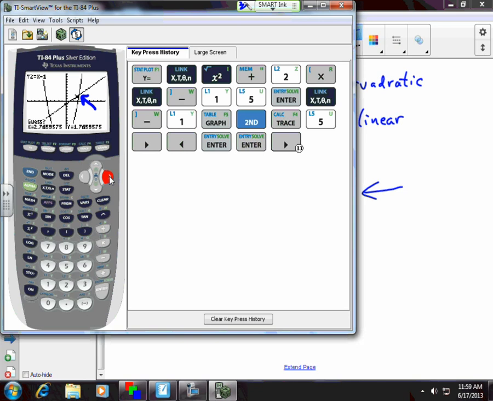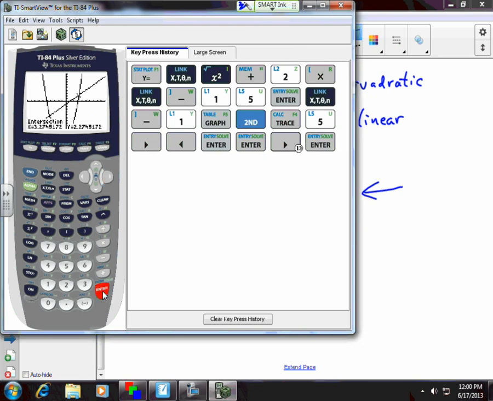You can see the cursor flashing there. I'm fairly close, so I'll press enter. And you can see the point of intersection there. Let's see if we can write that down: 3.2749, let's call it.